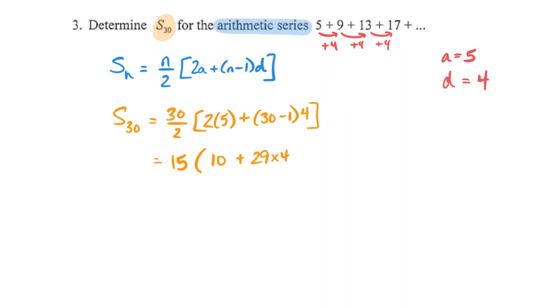Calculate 29 times 4. Okay, we can do some calculations. You've got your 15 times, well, 29 times 4, that's almost 4 times 30. So that's 120. Take off 4, 116. Or maybe you do your 4 times 20 is 80, 4 times 9 is 36. There's your 116. I am showing way more steps than what I would need to see.